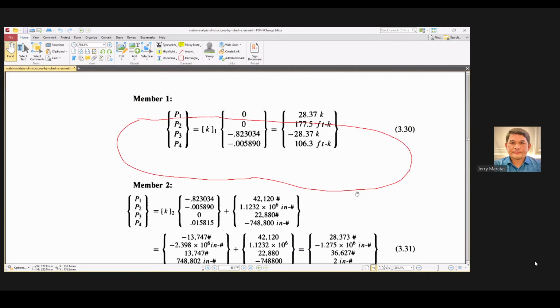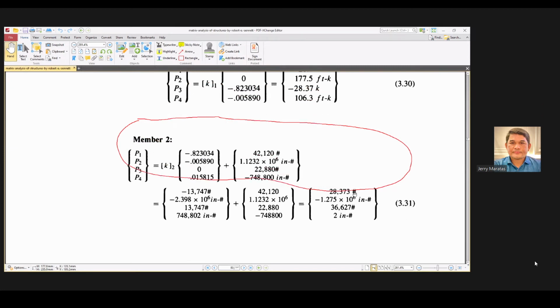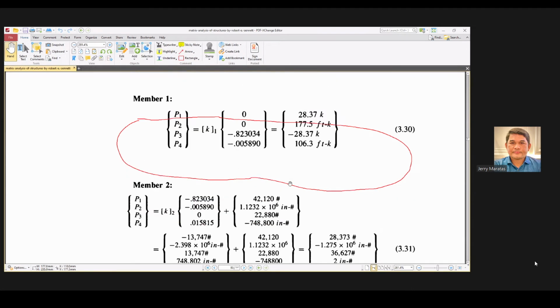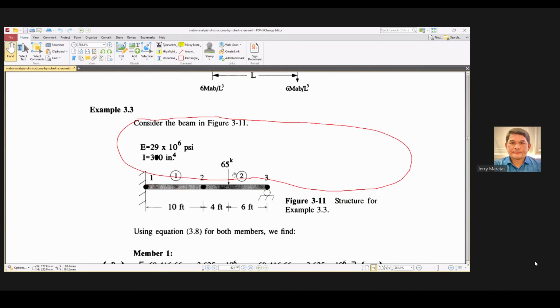Then after that, you solve the member forces by now considering the force displacement relationship per element. Okay. So please take note also that we consider here the non-nodal force, no? Because for member 2, this 65 kips is not applied on the node of your member.